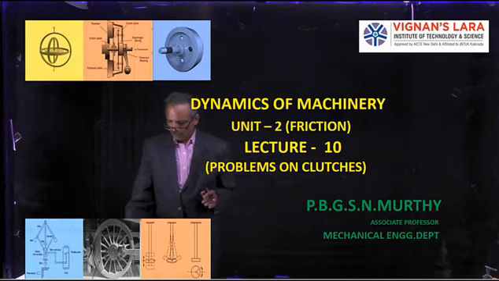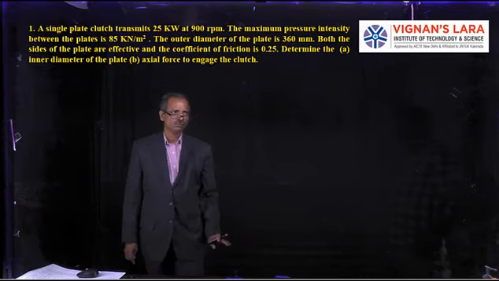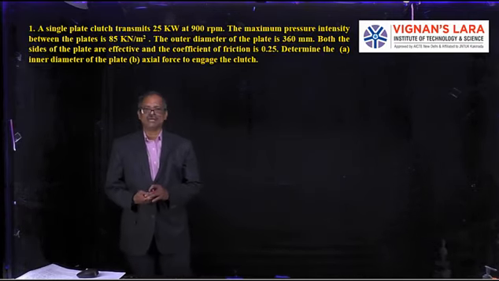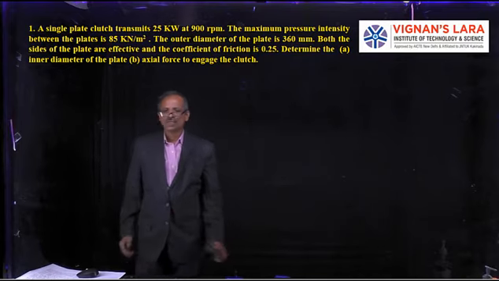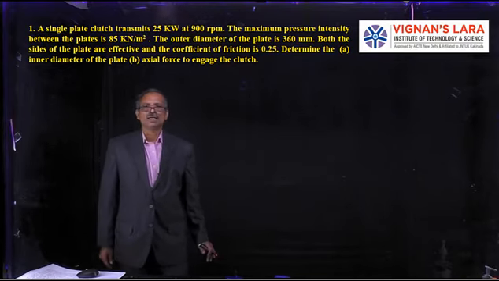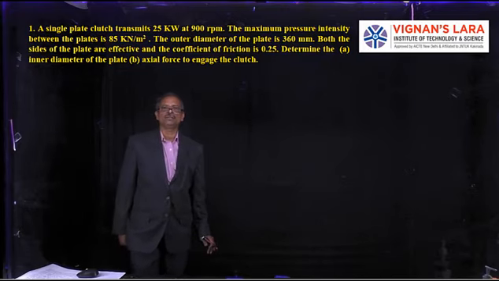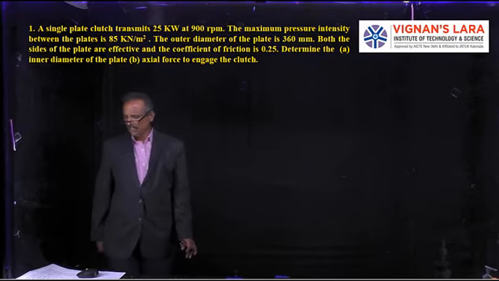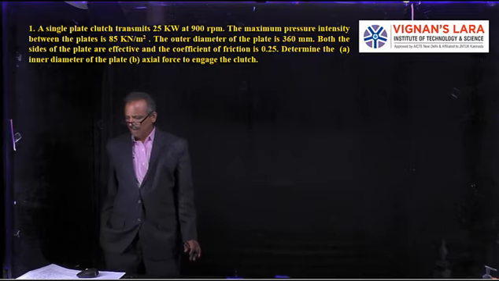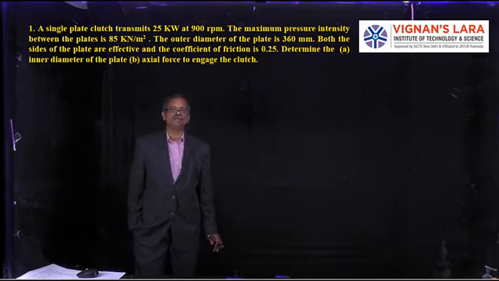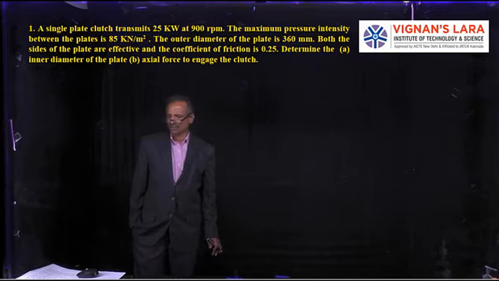Now let us see a problem on the single plate clutch. A single plate clutch transmits 25 kilowatts at 900 rpm. The maximum pressure intensity between the plates is 85 kilonewton per meter square.